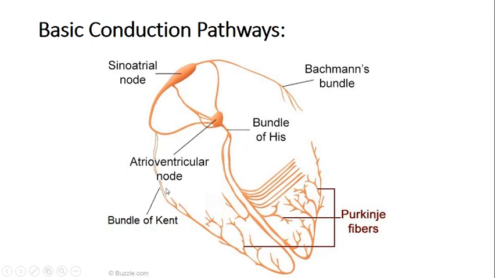Over here, I've drawn in the bundle of Kent, which is a rare accessory pathway, but it's important if it is patent. This is sometimes an extra pathway that occasionally people will be born with.